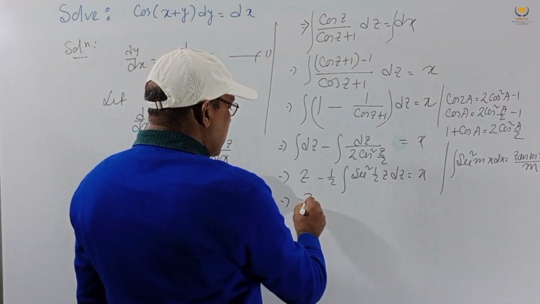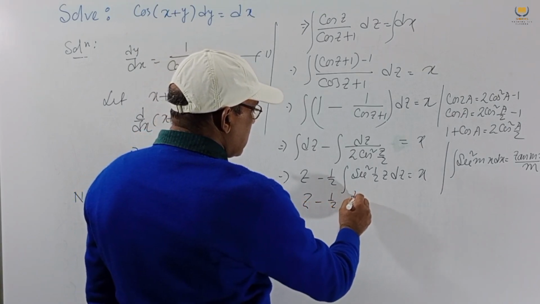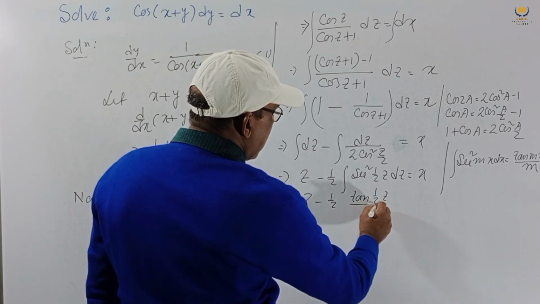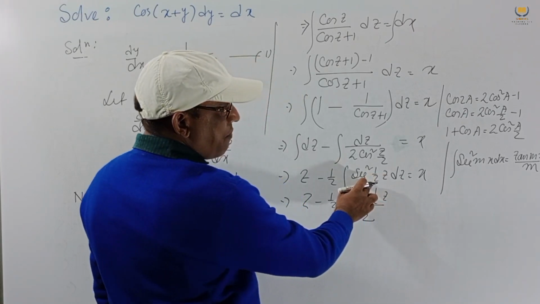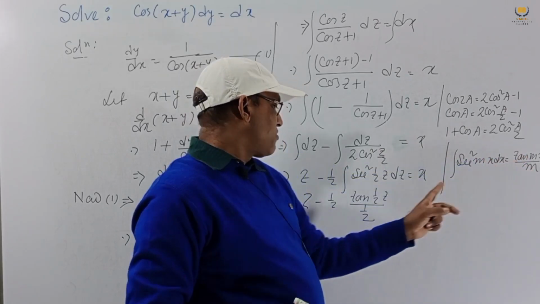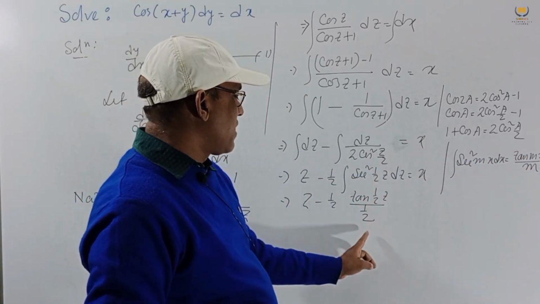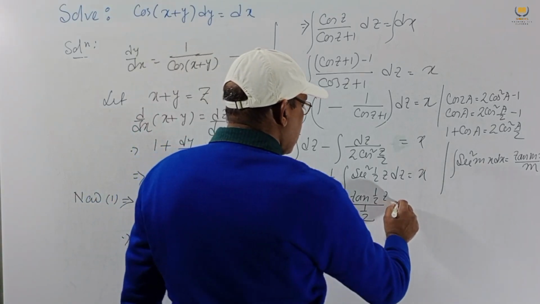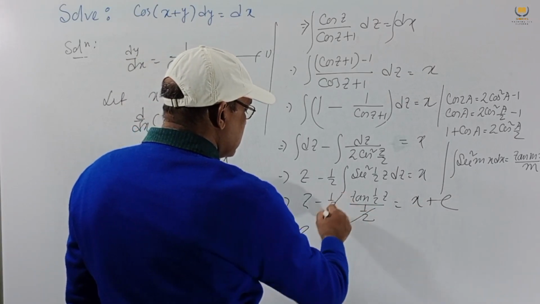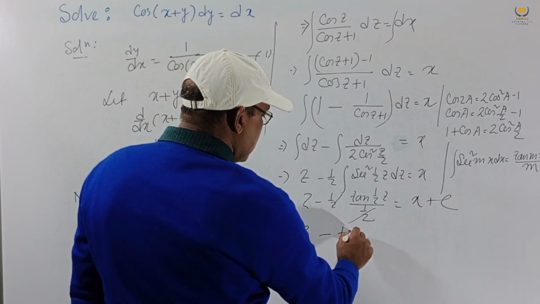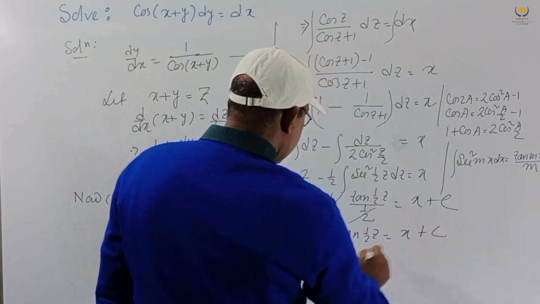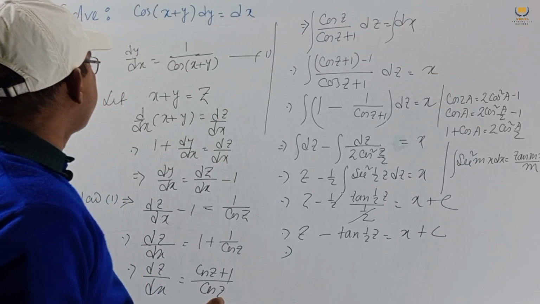So this will be z minus 1 by 2, and m means half, so tan of half z by half, plus x plus c, and the half cancels, minus tan 1 by 2 z equal to x plus c.